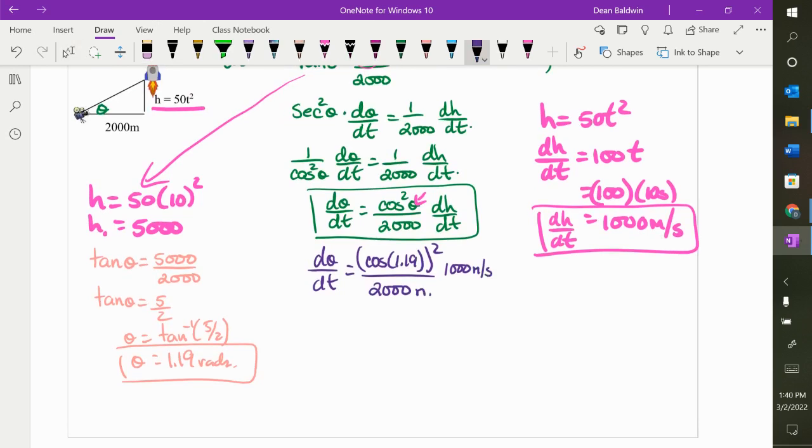And this 2,000 is in meters. All right. So what do we get? 0.069. What are my units? Rads. So the meters will cancel, but the seconds don't cancel. So it's rads per second, which makes sense, right? That's how the angle is changing.